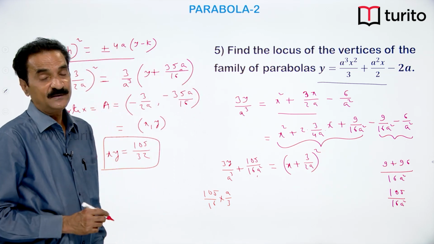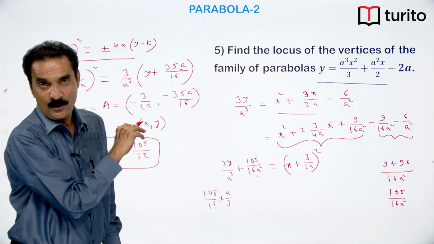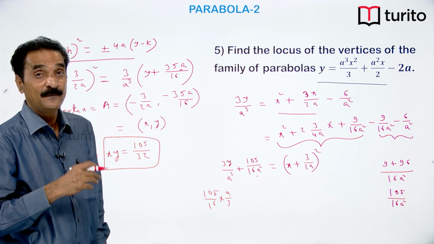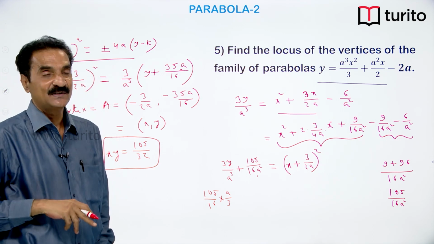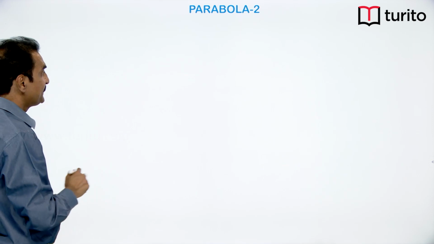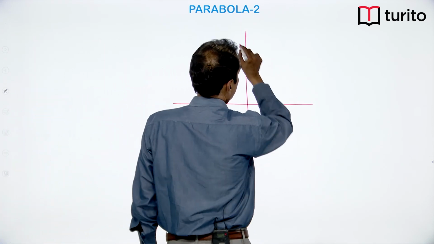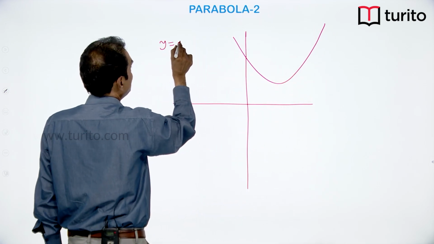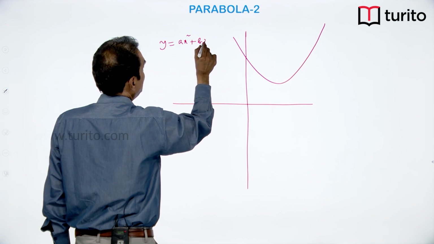But in this question, we have converted into standard form, but it is better to remember a formula for the vertex of a parabola whose axis is parallel to the y axis. If a parabola is like this, its general equation is y equals ax square plus bx plus c.